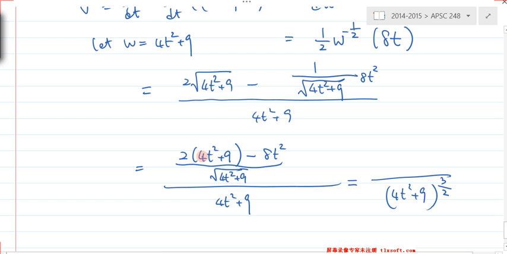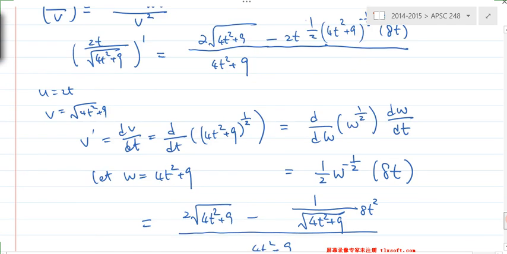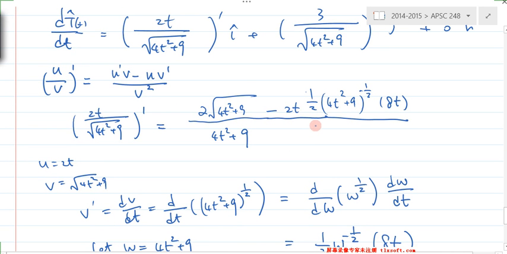And here, expanded 2 times 4t squared plus 18 minus 8t squared, which is 18, right? You see that? This is so simpler, right? So much simpler than this step here. Okay? Yeah.